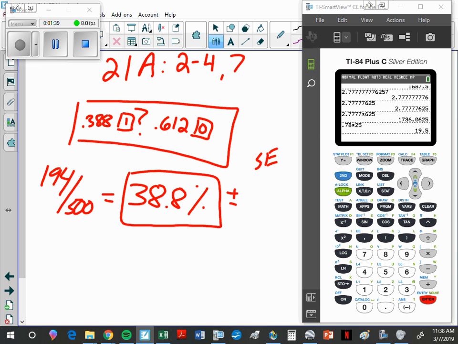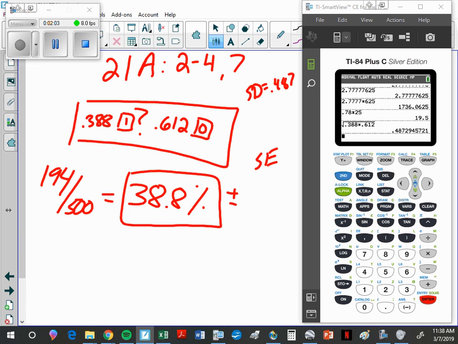Well, I can't get the true standard error, so I'm just going to make it up using the numbers that are in the box. So I take the square root of 0.388 times 0.612. And it's going to be something close to 0.5. So my standard deviation is 0.487.